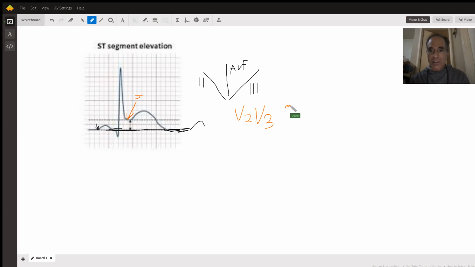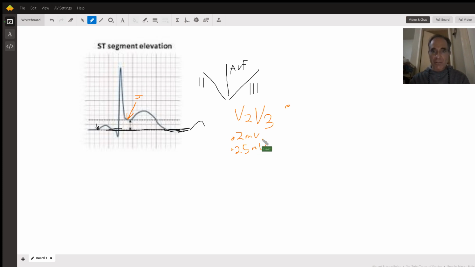And if you're 40 or older and you're male, it's 0.2 millivolts, so 2 little boxes. So 0.2 millivolts for a man over 40, 0.25 for a man below 40, and 0.15 for a woman.